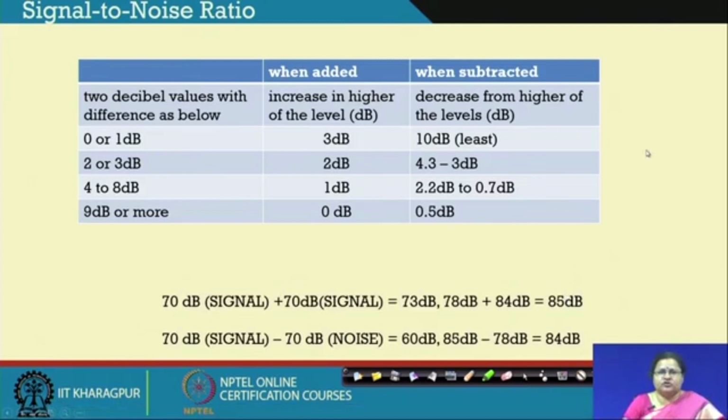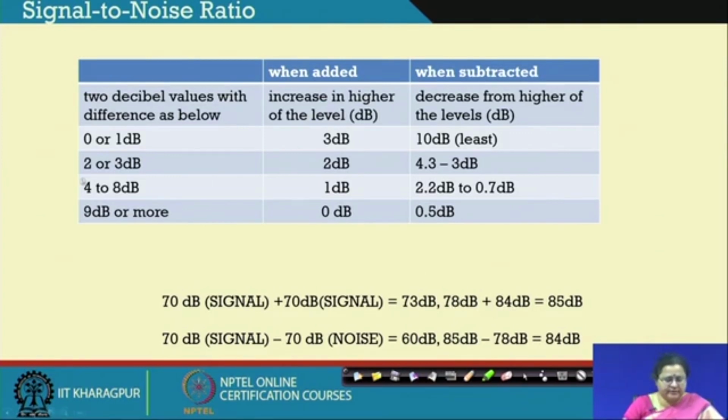So, let us see what happens. The first row shows the addition, say 70 dB signal plus another 70 dB signal. The strength of the total signal is 73 dB. Similarly, you can work out 78 dB plus 84 dB. The difference in these two is 6 dB.